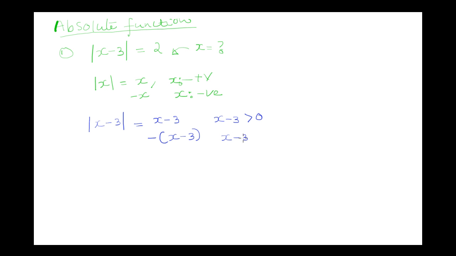That means the given question gives us two possibilities. One is x minus 3 equal to 2. And the second possibility is minus of x minus 3 equal to 2.